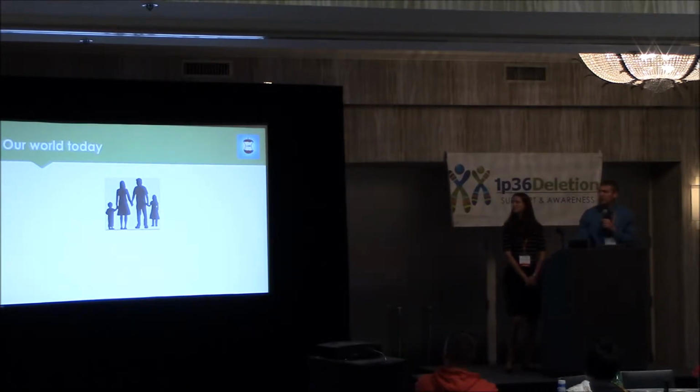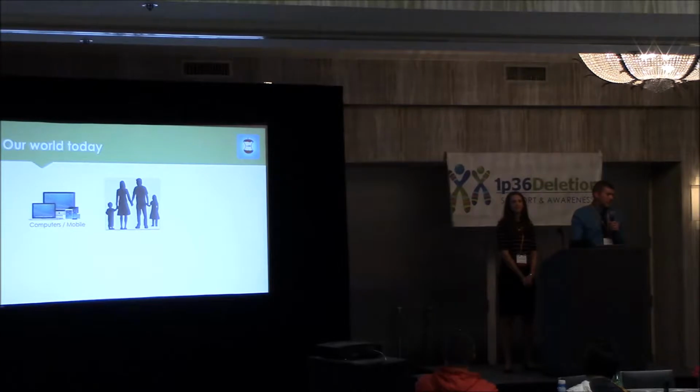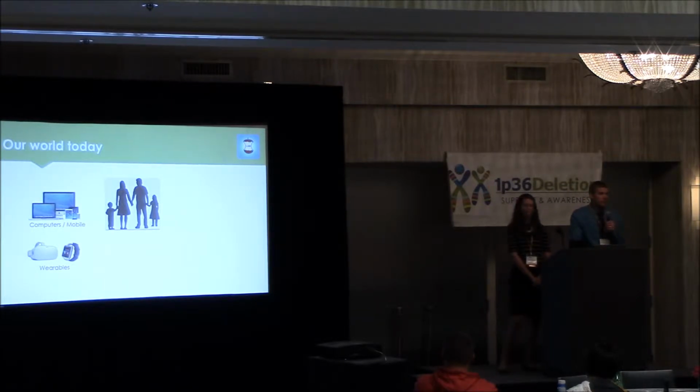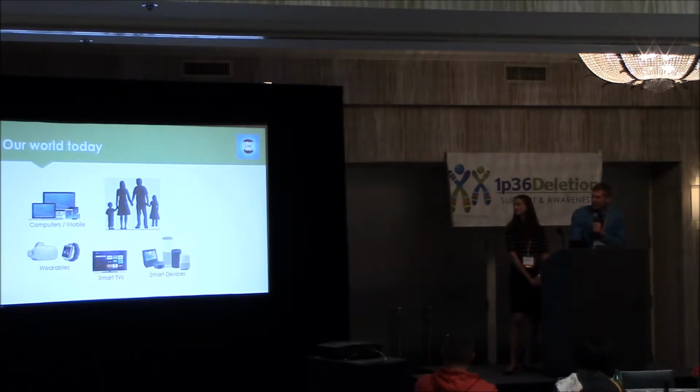And so our world today is surrounded by a lot of different pieces of technology. We have computers and mobile devices. We now have wearables, like Fitbits, and devices that can track your child's well-being. I'm sure everybody has a smart TV by now. But we're surrounded by smart devices in our homes, like Amazon Alexa.